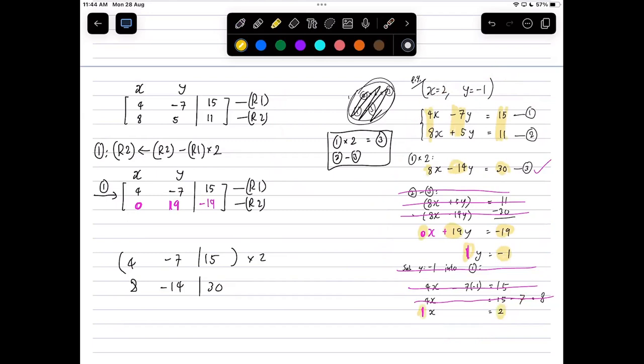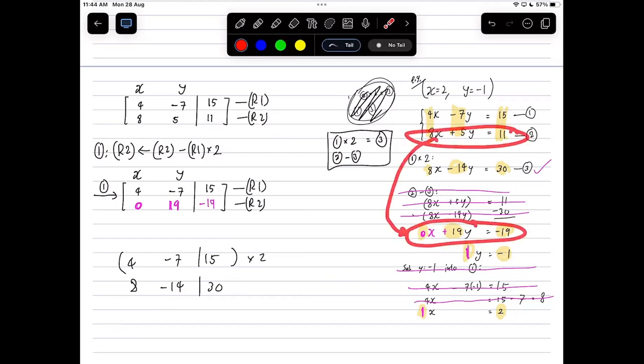Can you see how we replace row 2 with this guy here? 8, 5, 11 becomes 0, 19, minus 19. Can you understand? Yes, so now we have 19y equals negative 19.